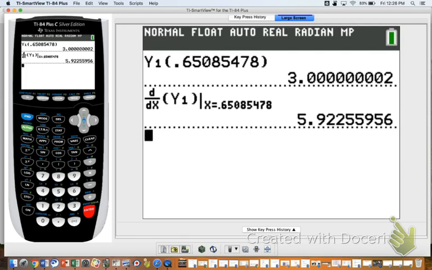Because v of 0.651 maybe is positive, and a of the same number is also positive, my conclusion would be speed is increasing, right? They both have the same sign. Therefore, speed is increasing.